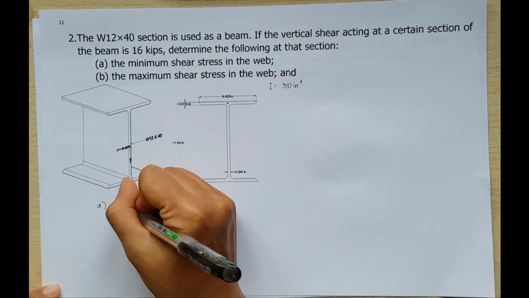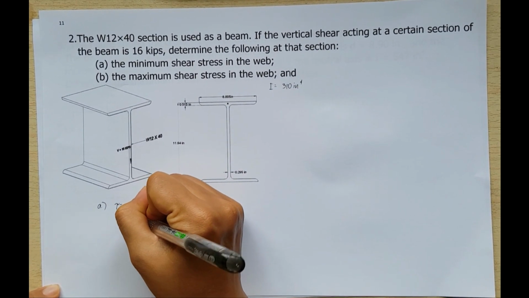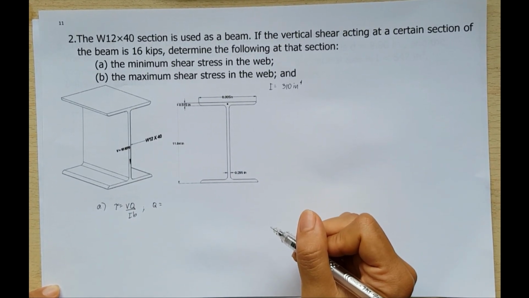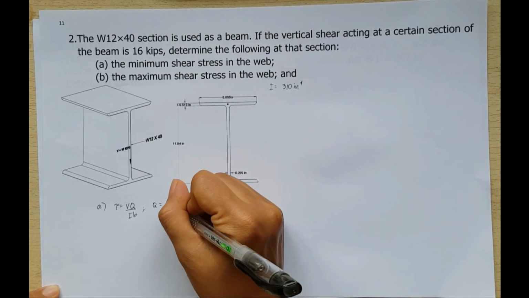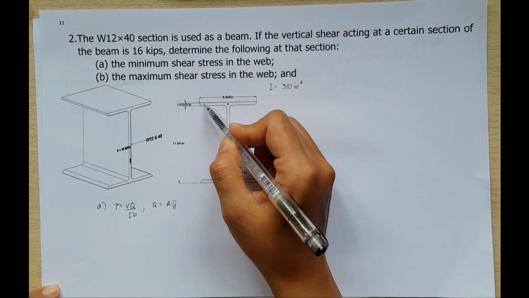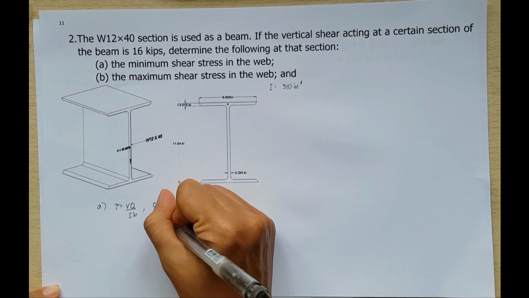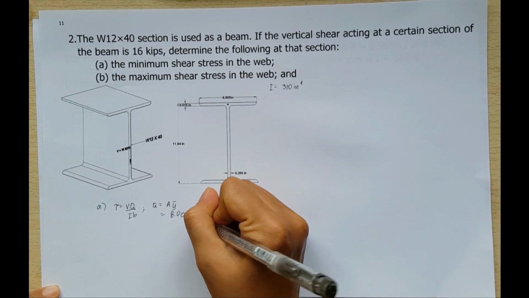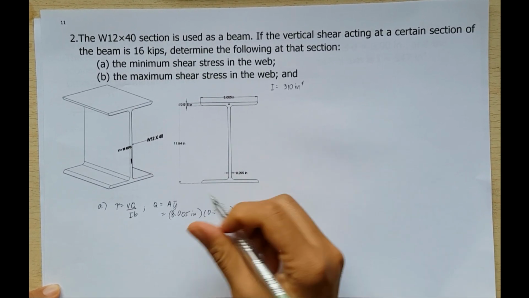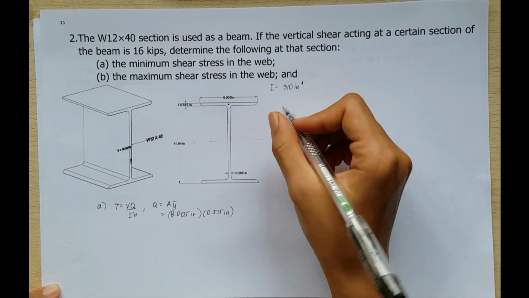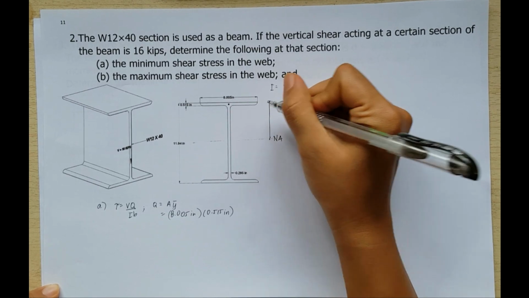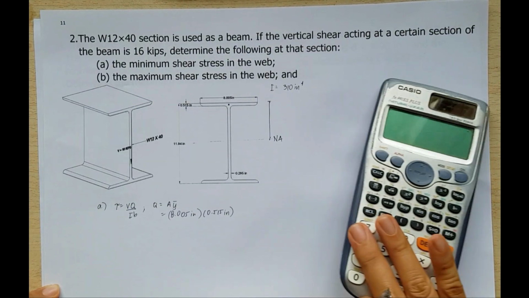So our shear stress is equal to VQ all over IB, in which our Q, or our static moment of area, is equal to A multiplied by Y bar. So the area we consider would be this one. So area is equal to 8.005 inches multiplied by 0.515 inches. And then Y bar, so this is the neutral axis, and this is 11.94 all over 2.